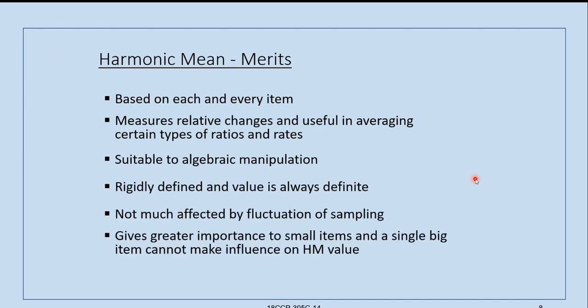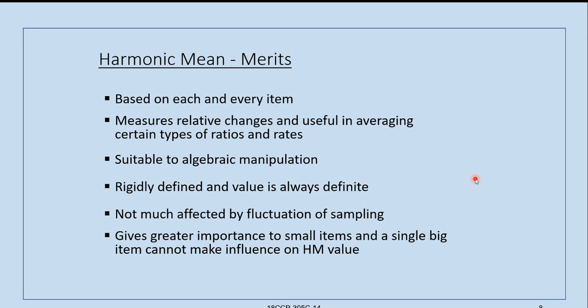Now we will look into the merits and demerits of harmonic mean. As in the case of arithmetic mean and geometric mean, harmonic mean is also based on each and every item. Each and every item is taken for calculation of the harmonic mean.